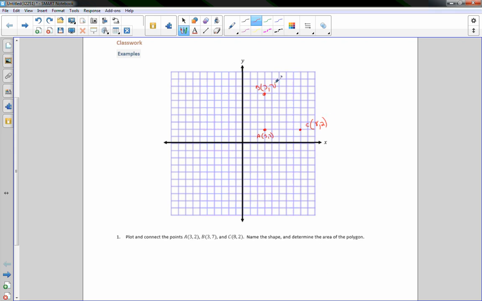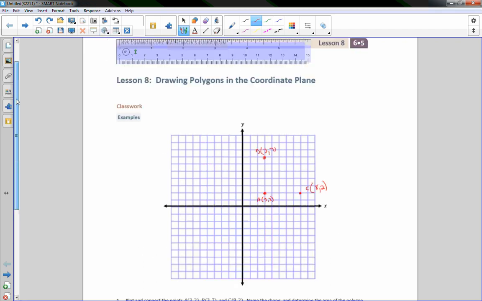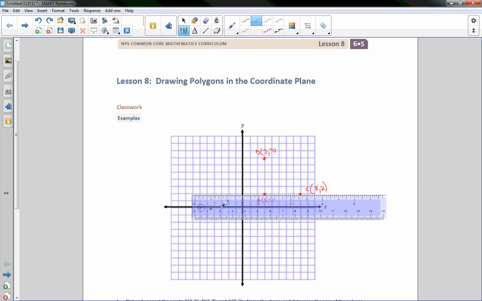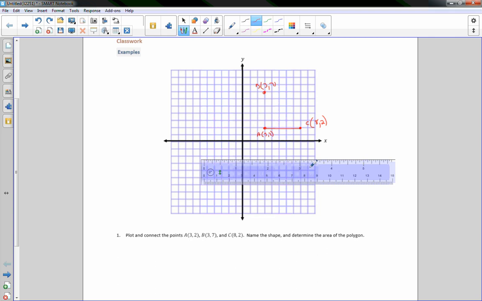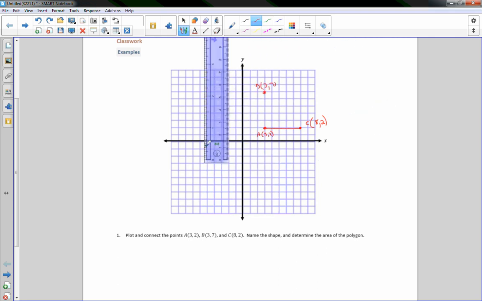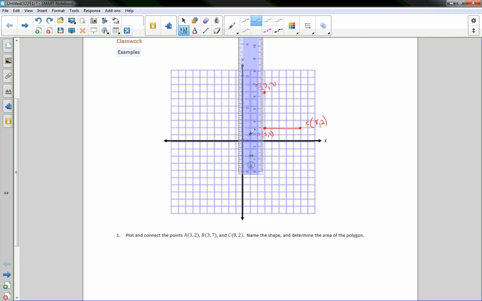A, B, C, and the values of the coordinates. And now we want to draw a straight line, so I'm going to get my ruler. Okay, bring that down. Always should be neat when we're doing these, and precise. So there is my line segment AC. Need to rotate this 90 degrees, move this over.